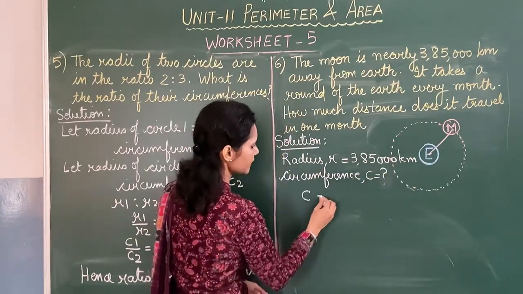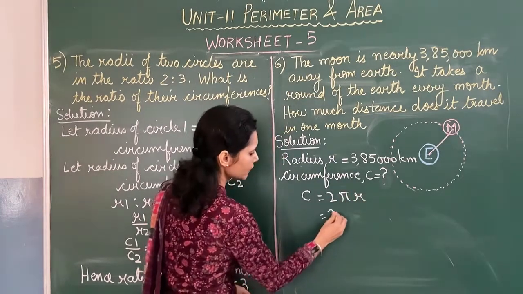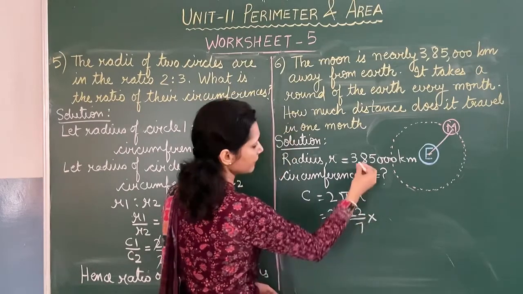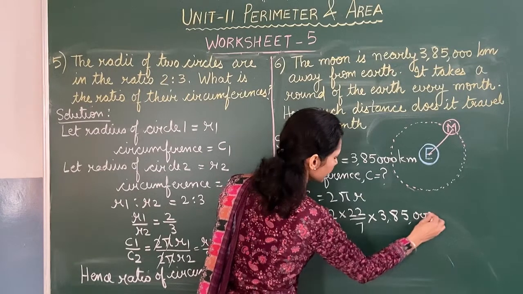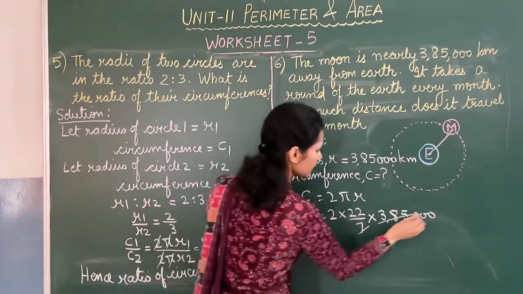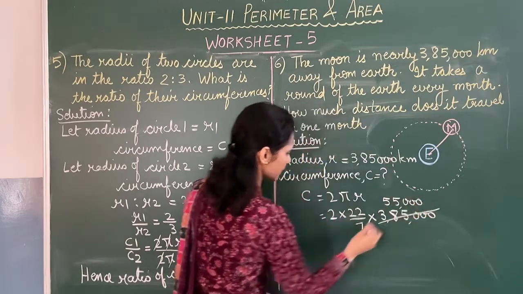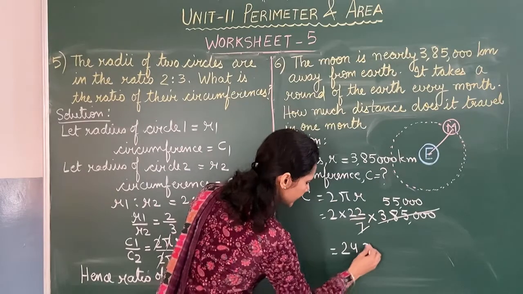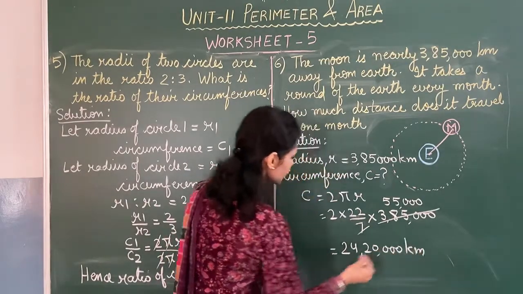Now the formula for circumference is 2πr. Let's put in the values: 2 multiplied by 22 by 7 multiplied by the radius 3,85,000. On doing the cutting, this would become 55,000. So on multiplying, we would get 24,20,000 kilometers as the circumference.